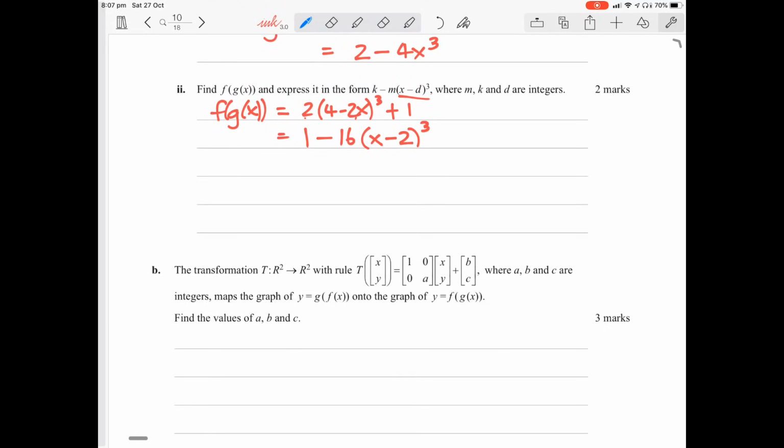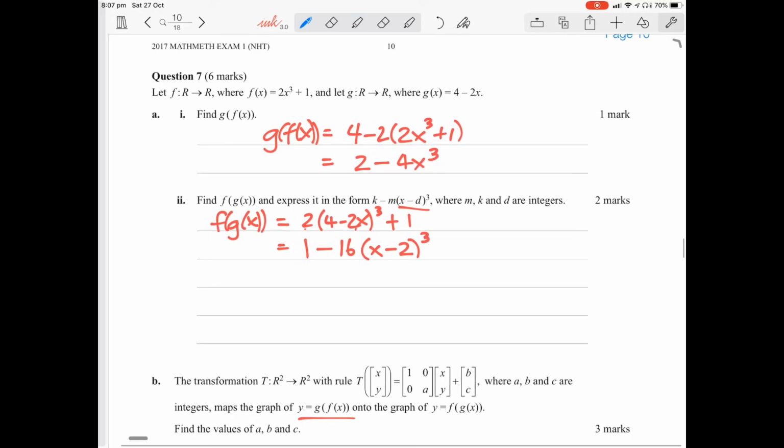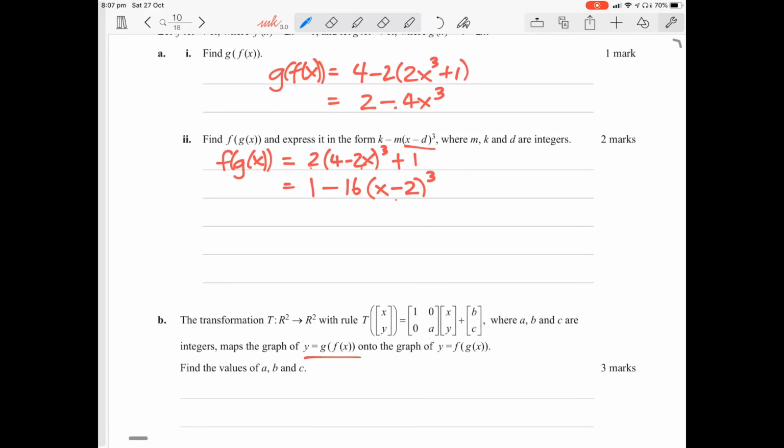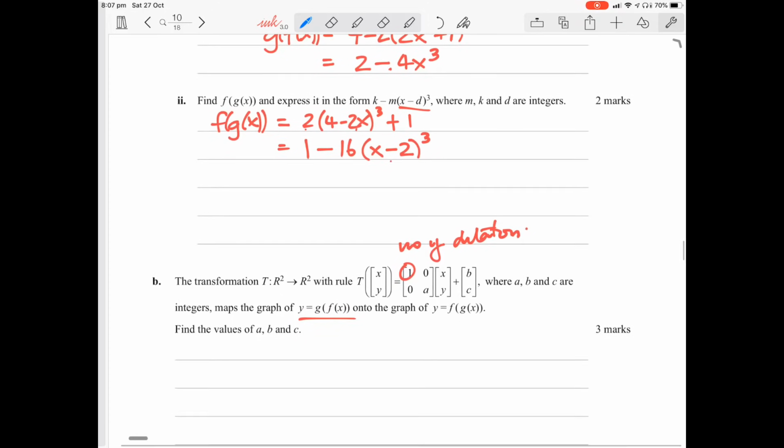So the transformation maps the graph of y equals g of f of x onto the graph of f of g of x. So g of f of x becomes this. That means we've got no y dilation. First thing, we've got to dilate it from the x-axis.